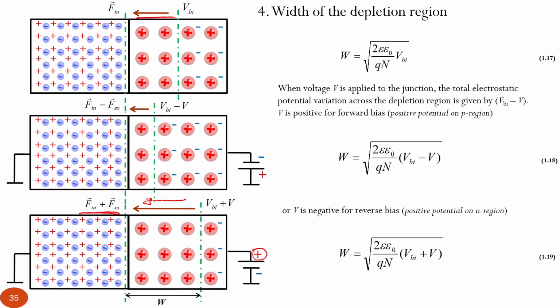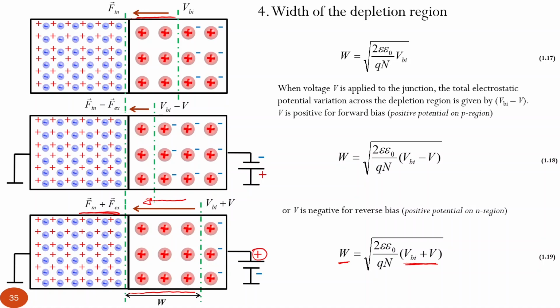This electric field should be provided by larger space charge, and this larger space charge results from wider depletion region. So now when we apply reverse bias, we increase potential barrier, like built-in voltage, by applied external bias, and also we increase width of the depletion region.